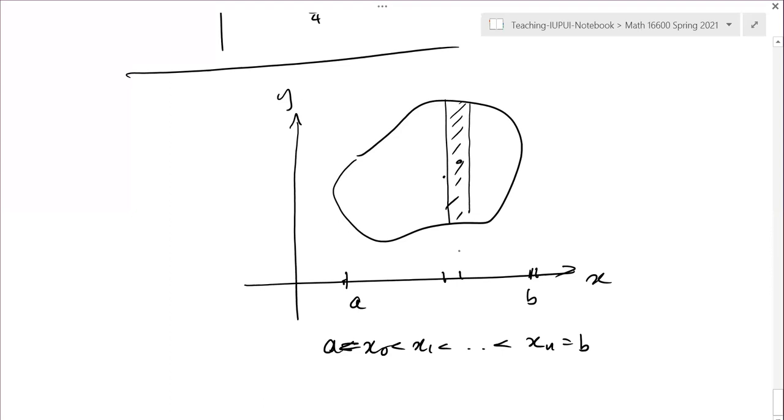The center of that piece will be here. It's a yi. This yi is going to be half of this. It depends on the picture, right? If it's from here to here, this will be just at the middle point of the vertical.